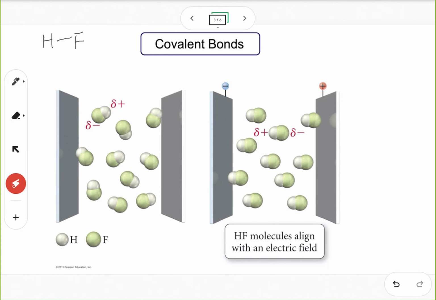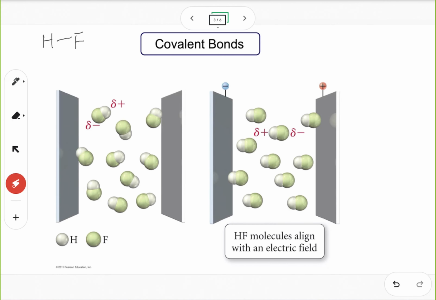Well, it tells us for this hydrogen fluoride molecule, one side is negative charged and the other side is positive charged. And because of this, this negative charged side is attracted by the positive metal plate. Positive side of the molecule gets attracted by the negative metal plate. That's why all of the molecules line up.